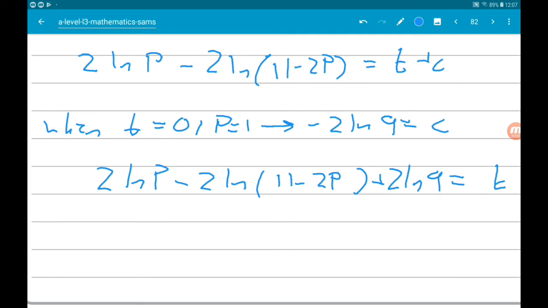So p equals 2 gives us t is 2 log 2 minus 2 log 7 add 2 log 9.